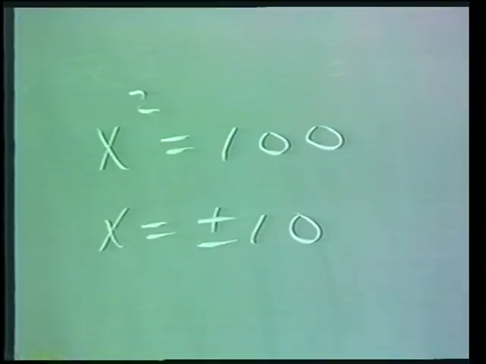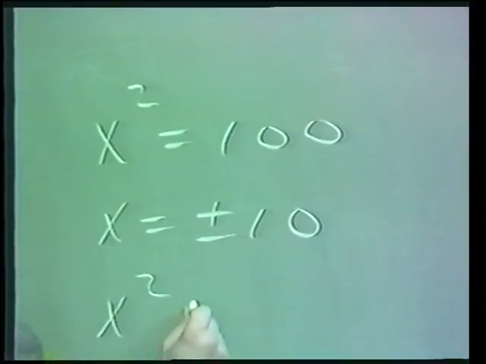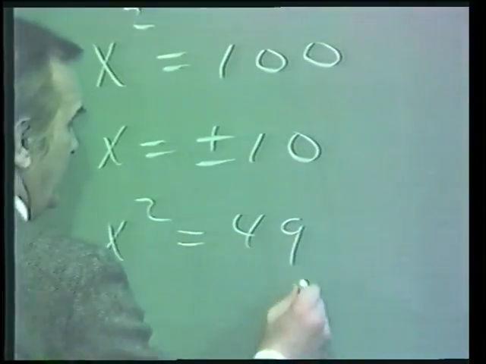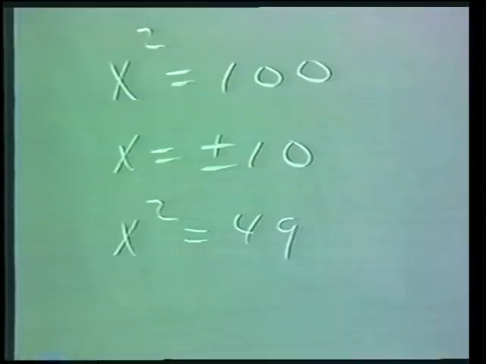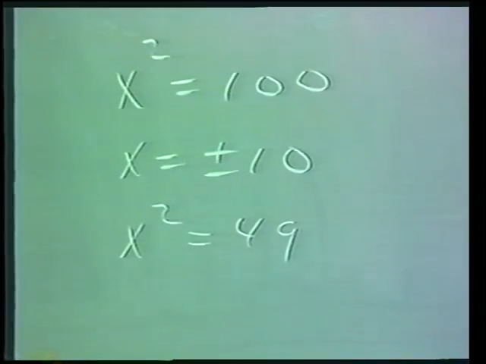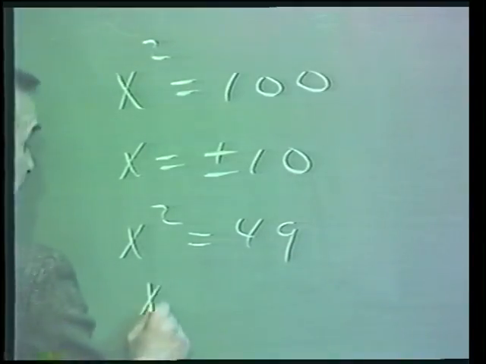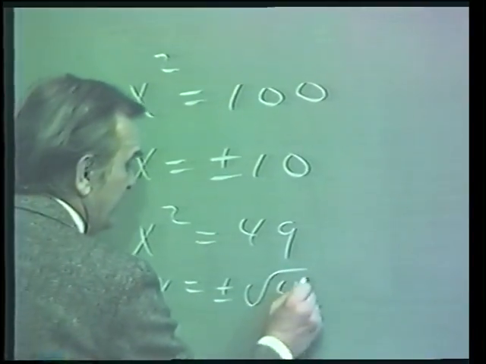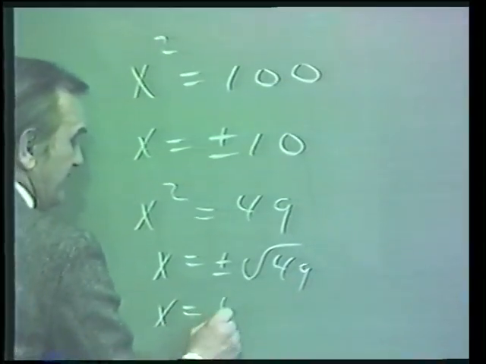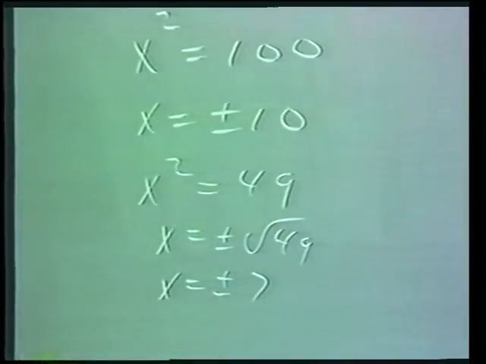The square root of 100 is 10. You get plus or minus 10. X squared equal 49. What would x equal there, Kathy? Plus or minus 7. X equal plus or minus the square root of 49. Well, that would be plus or minus 7.